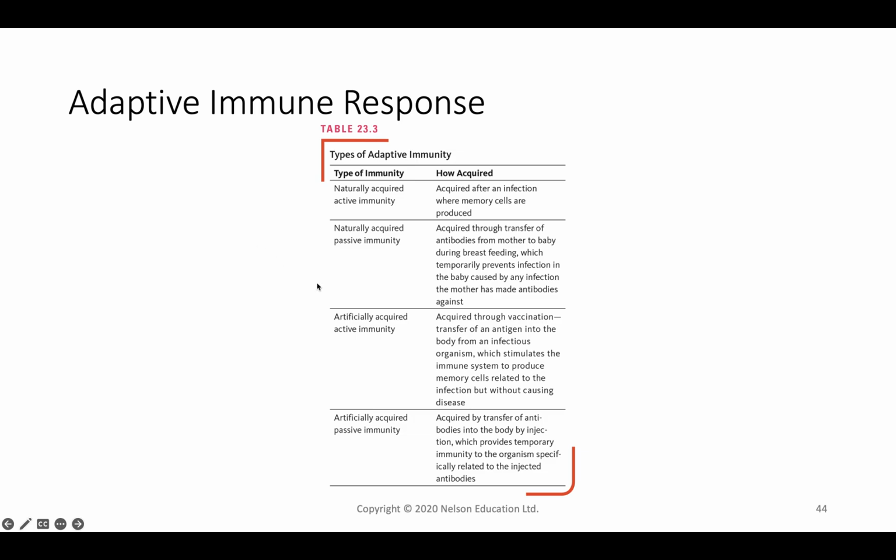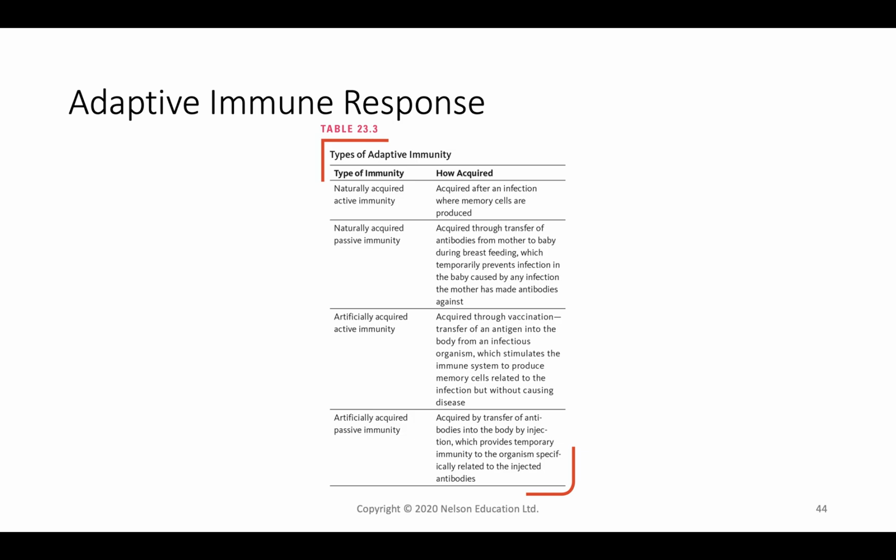Now, we can also naturally acquire antibodies through what's called a passive response. Picture, for example, that a mother who is breastfeeding has been exposed to, I'm just going to make up a number, let's say 100 different infections throughout her lifetime. It's probably a really low number. It's probably closer to 1,000, right? And she has created antibodies against all 100 of those infections.